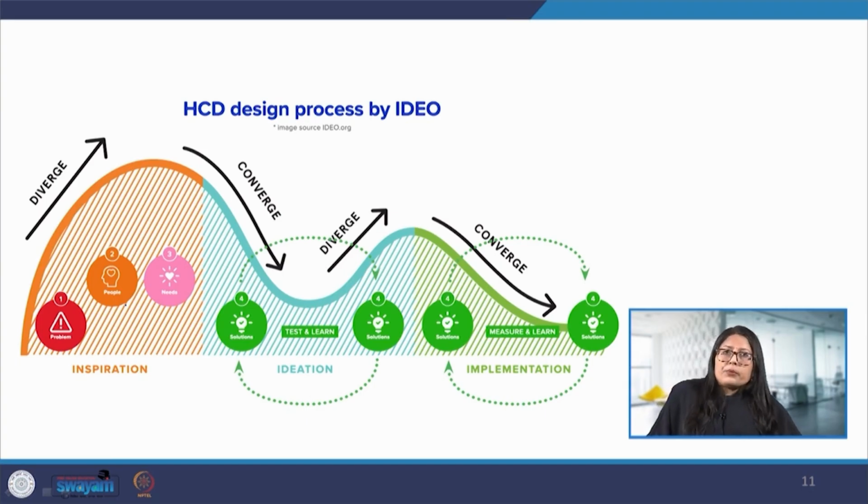So, one example here from IDEO using human centered design is that they were asked to create a device for the nurses in the hospitals. The device was required to enter some data about the process that is going on.